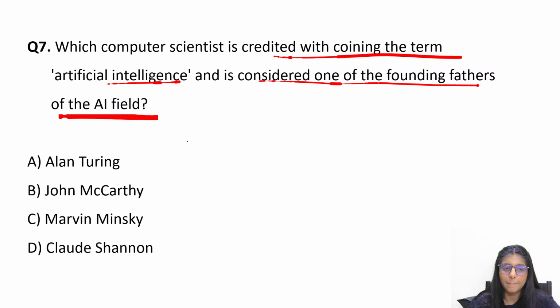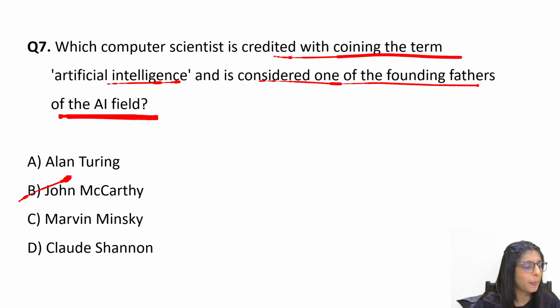Give me the answer. Mohan Gopal ji, you have given an answer to which question? John McCarthy is the founding father of the AI field. Pranav ji, you have read it too. Thank you, Pranav ji.